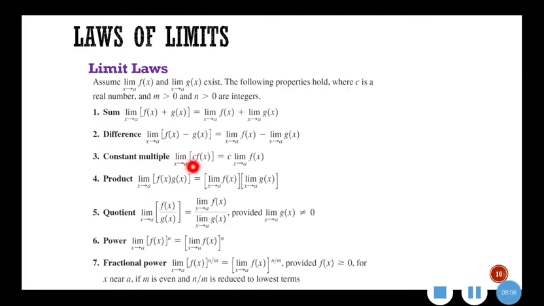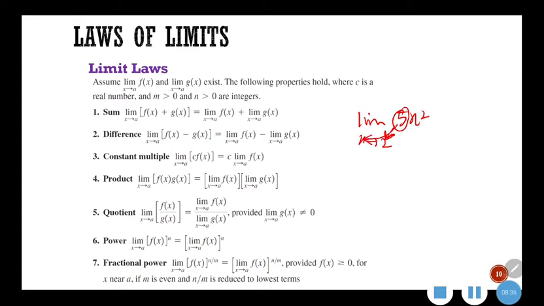For the constant multiple, you may bring c out, because c is a constant. It does not depend on x. For example, let's say I ask you the limit of 5x squared as x approaching 2. In this case, 5 does not depend on x.